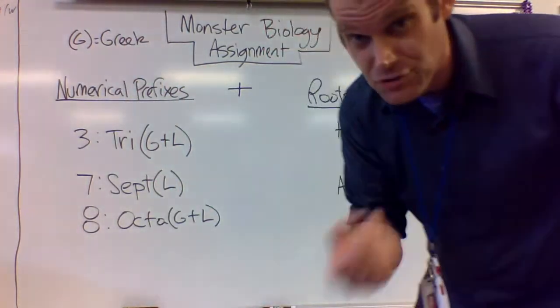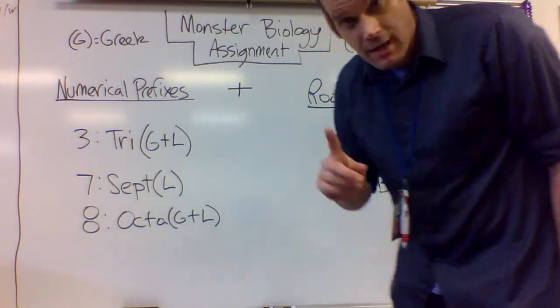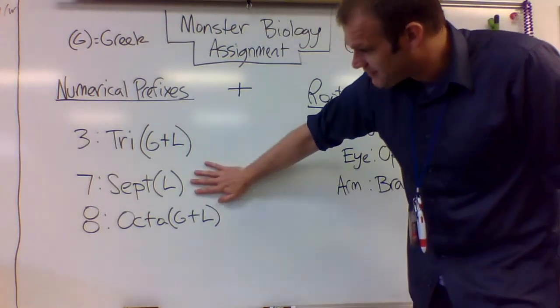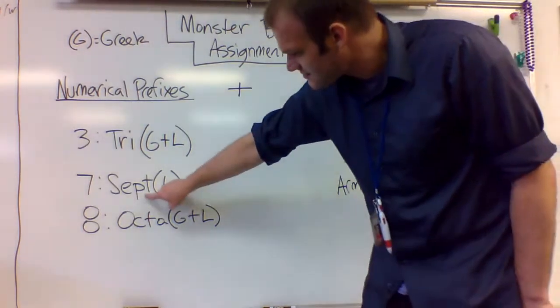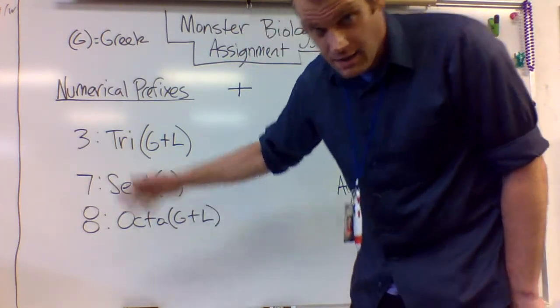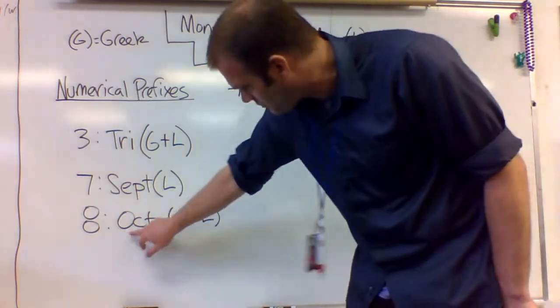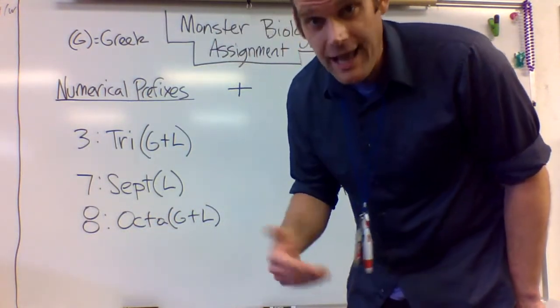That's called a triple axle, and that comes from this root here. Okay. Another example would be 7 is sept. This is actually Latin, and you might actually see this. We've also got oct or octo or octa. All forms of that, either just OCT or OCTO or OCTA, meaning 8.